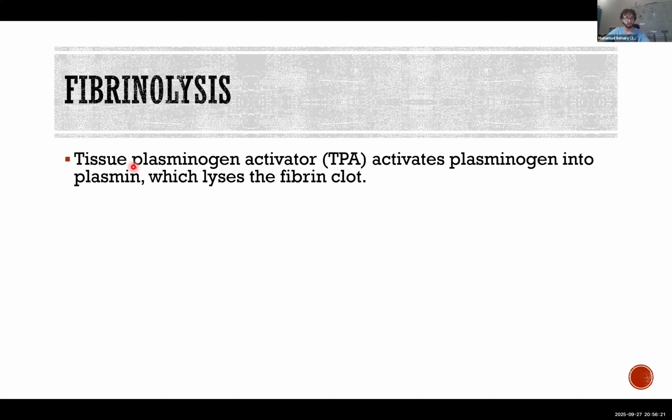So the tissue plasminogen activator will turn plasminogen, which is inactive, into plasmin. This will lyse the fibrin clot. In the body, we have plasminogen sitting there doing nothing. When the body sees that there is a clot that has to be broken down, the tissue plasminogen activator, again, it's an activator, will turn the plasminogen into the active plasmin. This is what will break the clots.